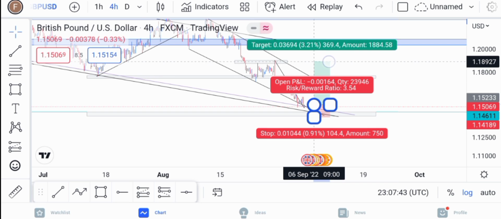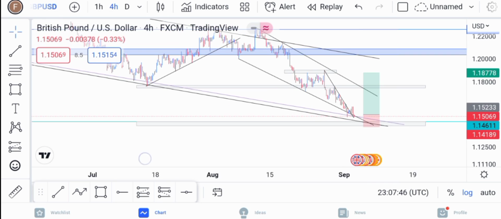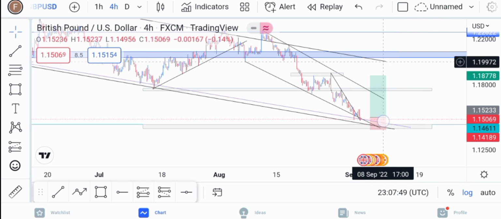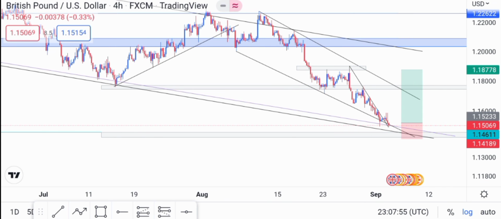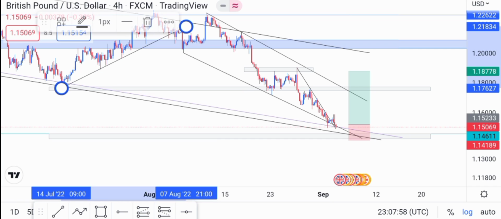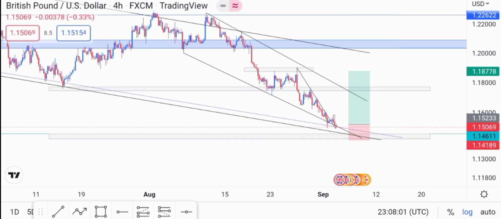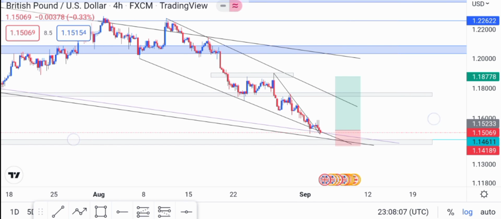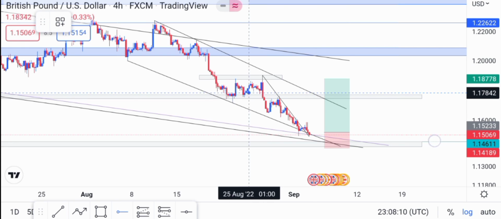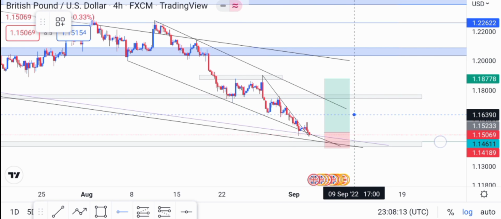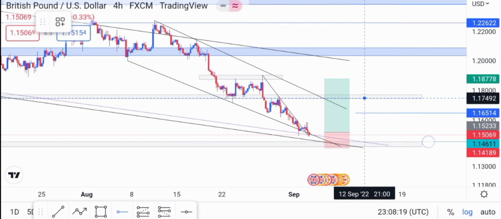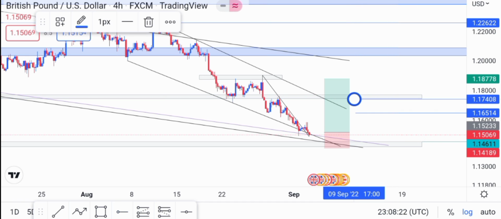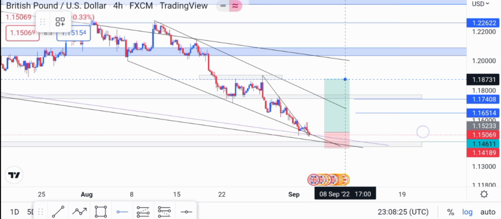Okay, so we are not going to target this level right over here because it's going to take a little bit of a while before it reaches that level right over there. But we can safely say, let me delete those ones which are not important. These two are very important. So currently this is what we have, and this will be our first take profit right over here, second take profit right over here, and the third take profit right over here.